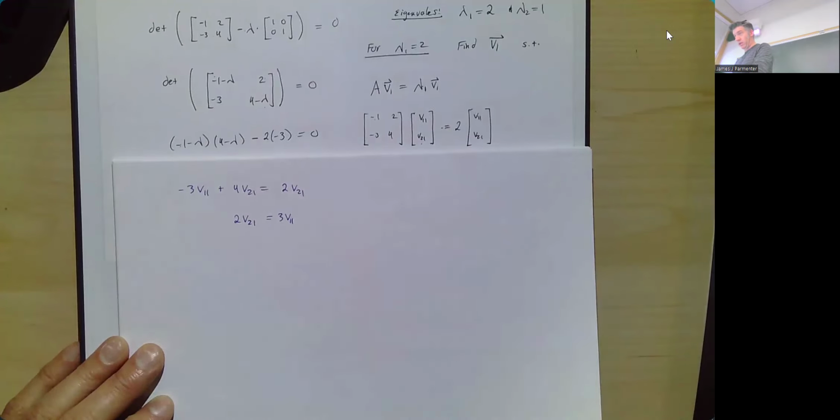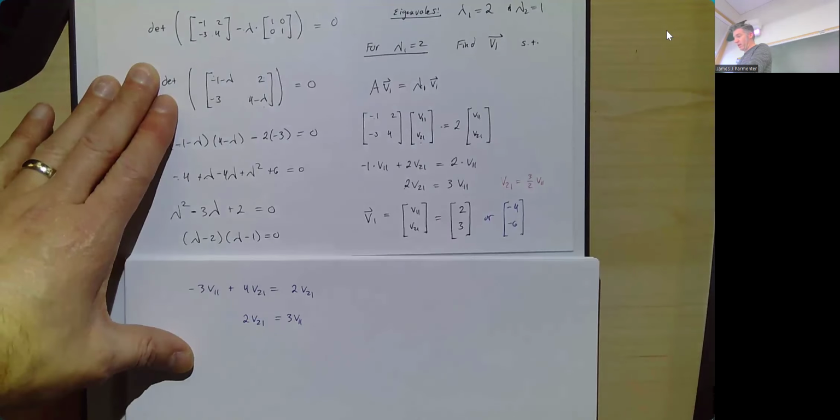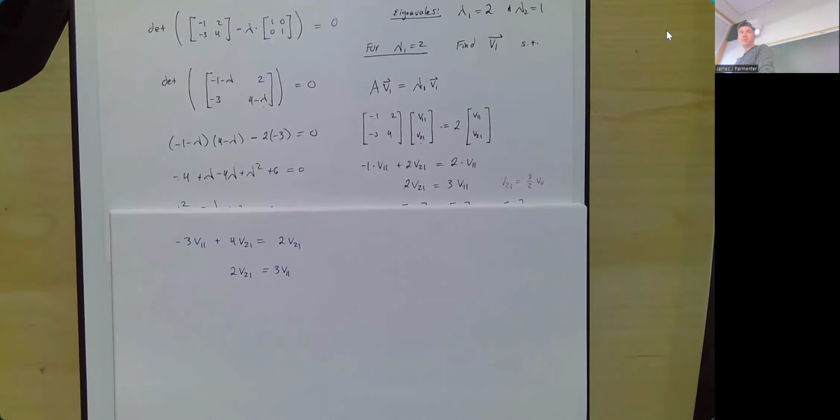That is literally the same equation I had from before. So both equations, with some rare exceptions, will always give you the same relationship. Occasionally, one of the equations will tell you absolutely nothing, and the other equation will tell you what you need to know. But you only ever need one of the equations to tell you the relationship between the variables, which will tell you the eigenvector.